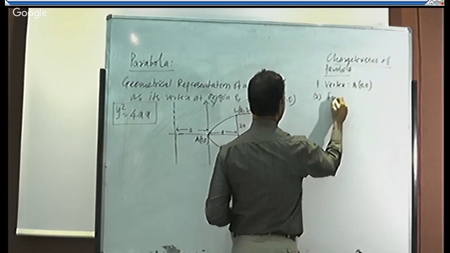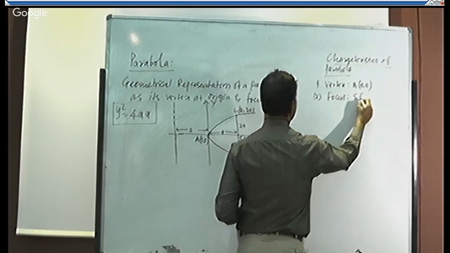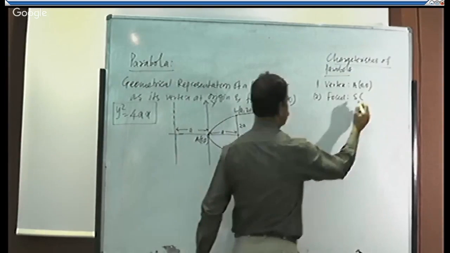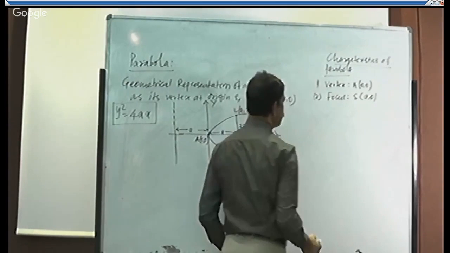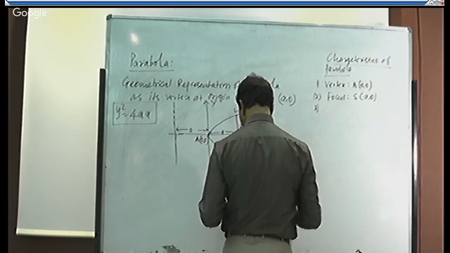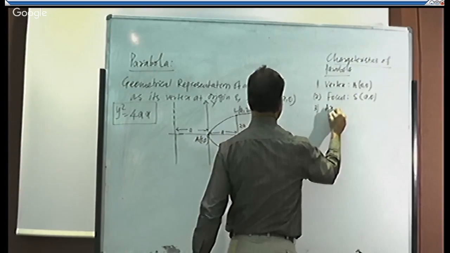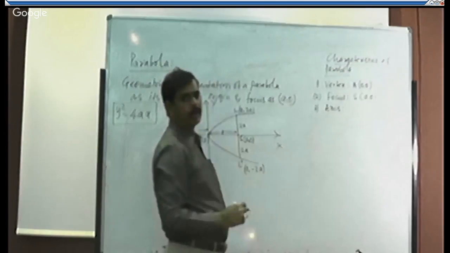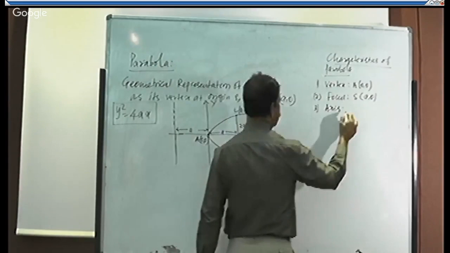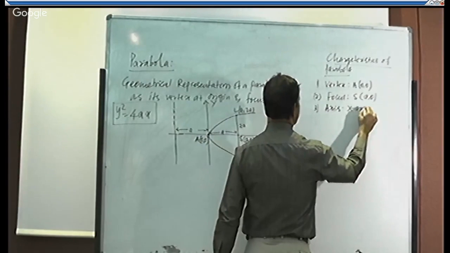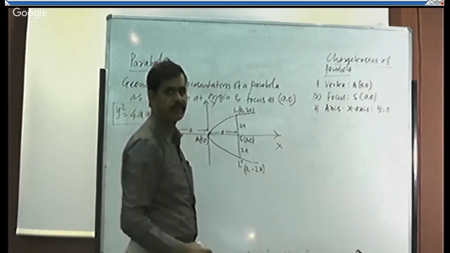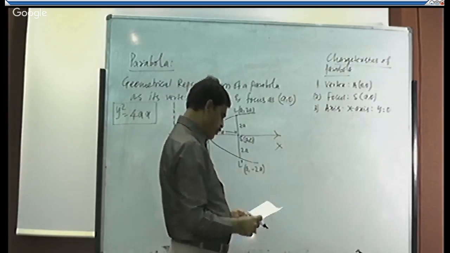Second one, focus. What is focus? Focus is (a, 0). Third important point, axis of parabola. Which is the axis? This is the axis of parabola. What is this? It is the x-axis. On the x-axis, y is always 0, right?